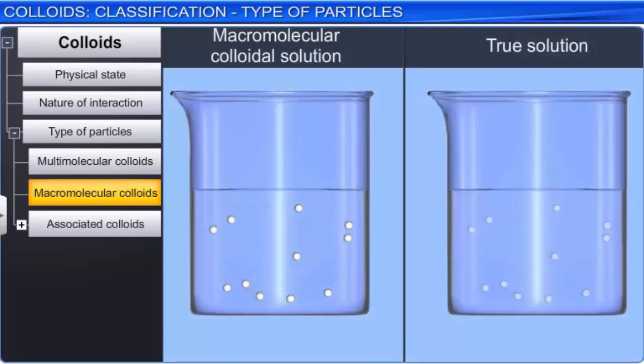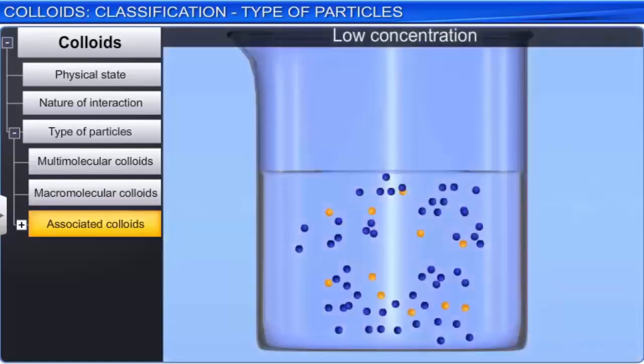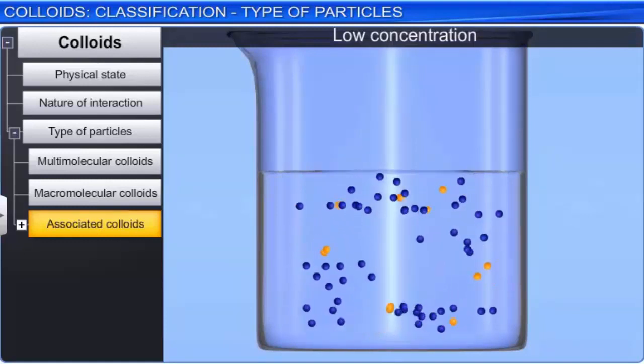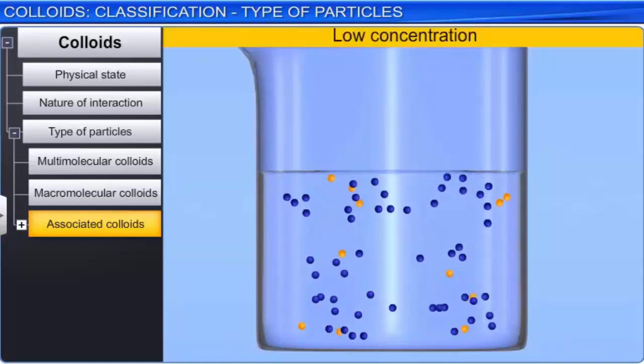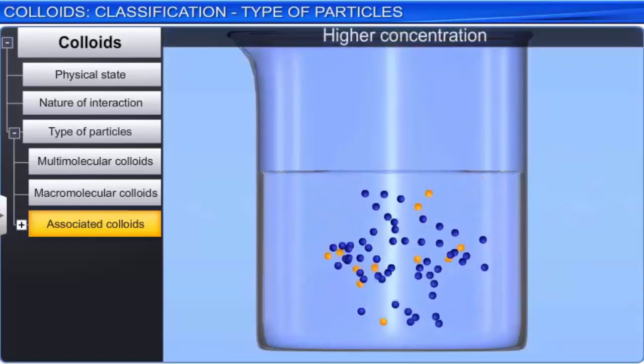Now, we will discuss the last category of colloids, namely, associated colloids. There are some substances that behave as normal strong electrolytes at low concentration, but behave as colloidal solutions at a higher concentration. The colloidal behavior is due to the formation of aggregates of small particles.